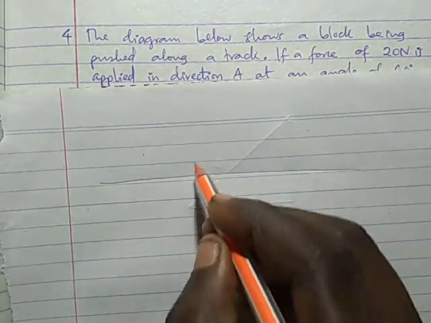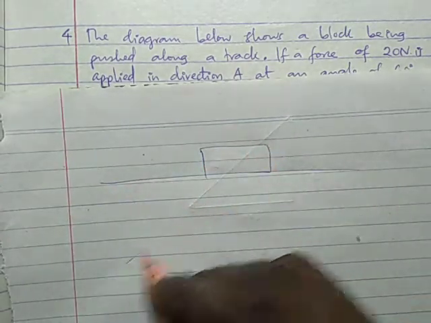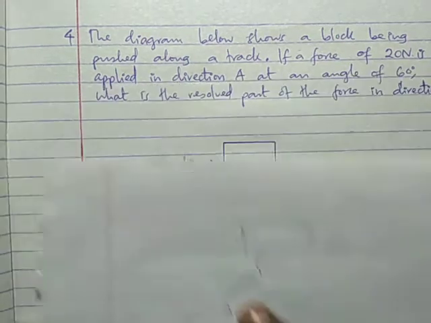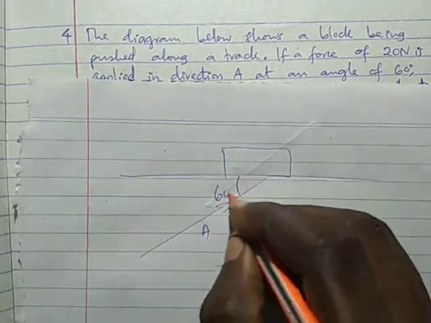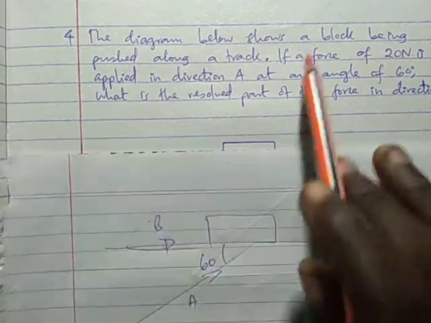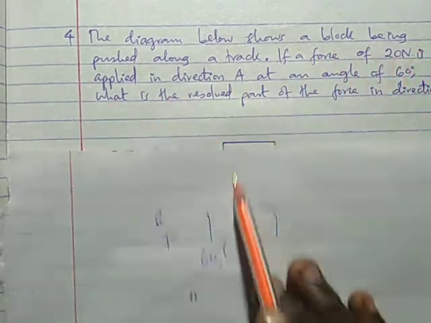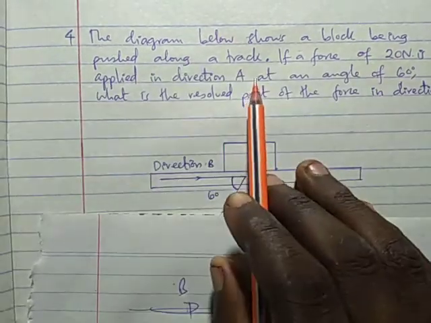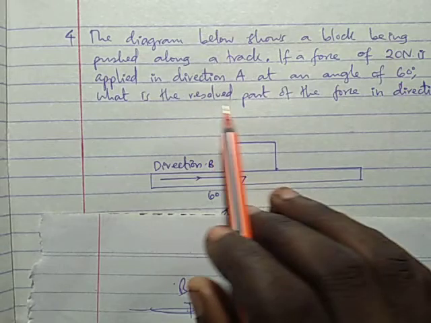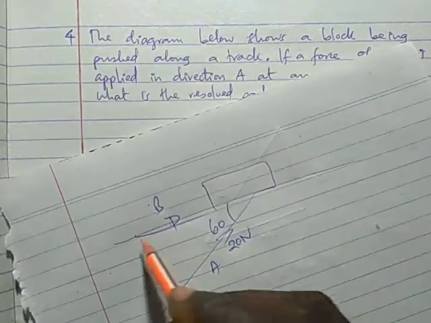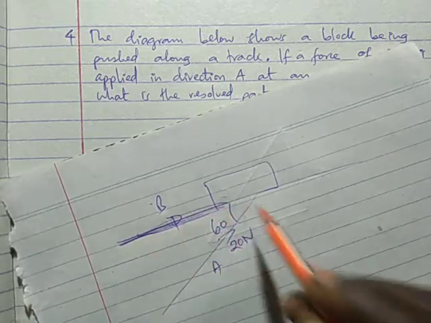Maana kama tukiassume this is my block, then we have a certain direction here. Let's call this direction A, wakati hapo kuna angle ya 60. And then here we have direction B. If a force of 20 Newton is applied in direction A at an angle of 60, what is the resolved part of force in direction B? Kwamba kwenye direction B huyu hapa force atakuwa ngapi?